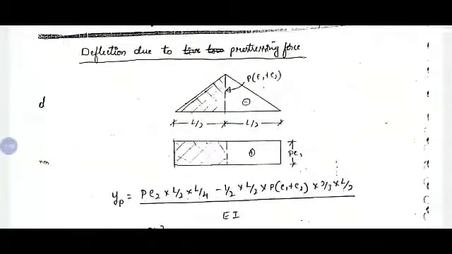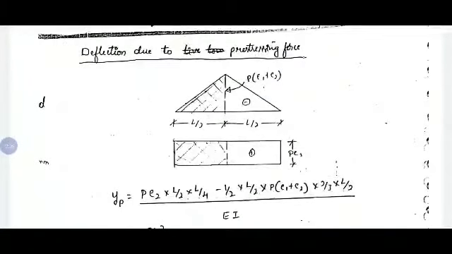So that is P into E1 plus E2, and for prestressing force above the neutral axis, that is for support eccentricity, we are going to consider rectangle bending moment diagram with magnitude of prestressing force into only support eccentricity. These two diagrams we are going to consider. Here E1 is the eccentricity at midspan and E2 is the eccentricity at support.